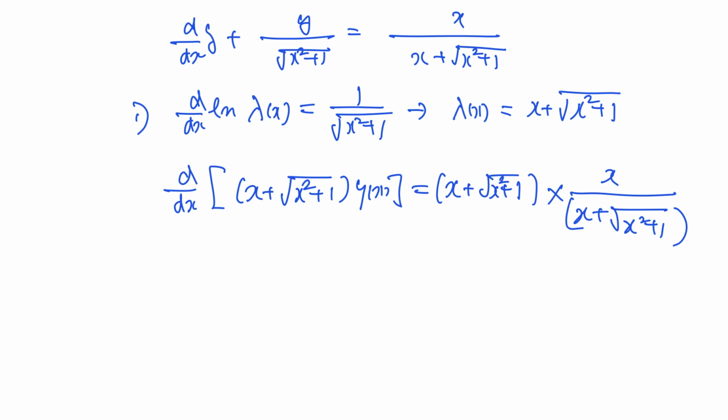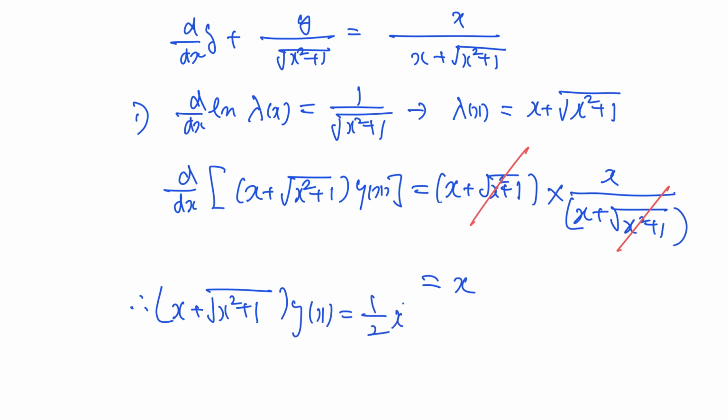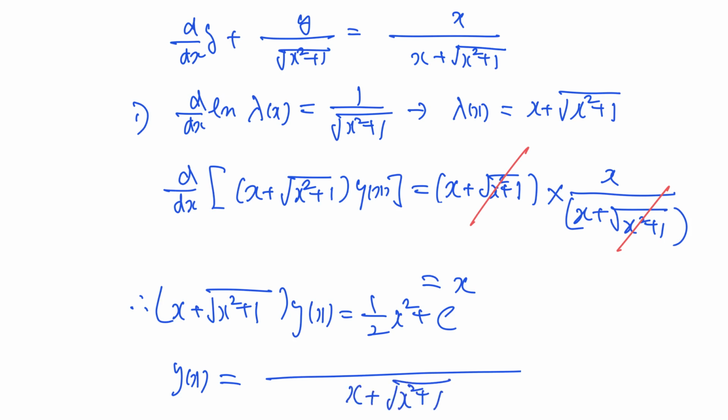Luckily, these two cancel each other, right? So we have only x. So x plus the square root of x squared plus 1 times y(x) is 1/2 x squared plus some constant, and y(x) is 1/2 x squared plus c over x plus the square root of x squared plus 1.